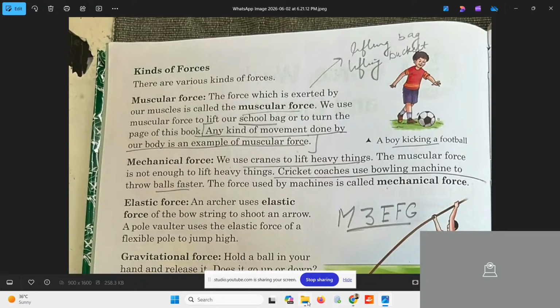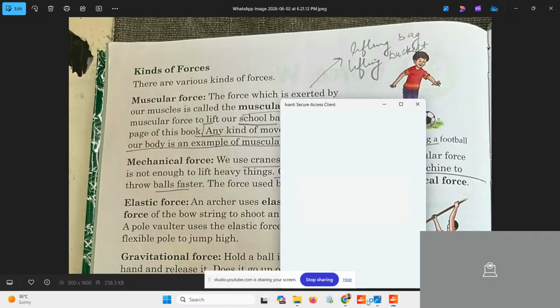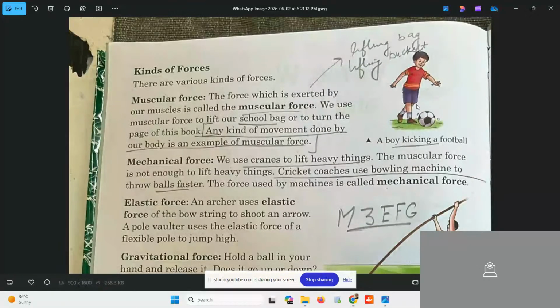M3 stands for what? Tell me the names. Muscular, mechanical, and magnetic forces. Remember, muscular, mechanical, and magnetic. And EFG stand for what?